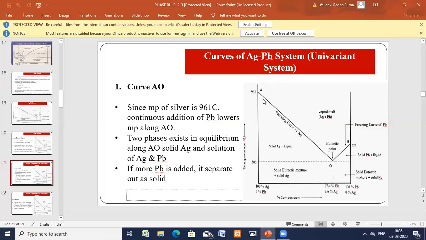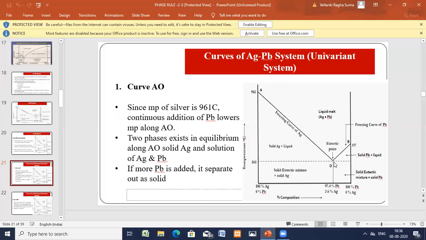Now what is happening? The melting point from 961 is getting reduced. Continuously you are adding lead, and it is lowering the melting point of silver along AO.